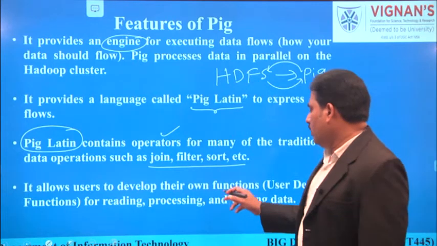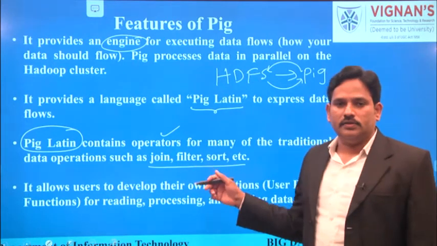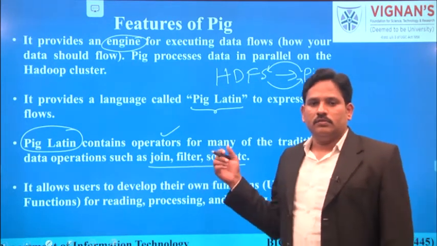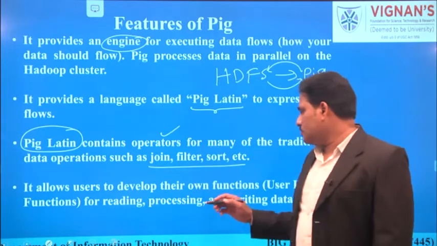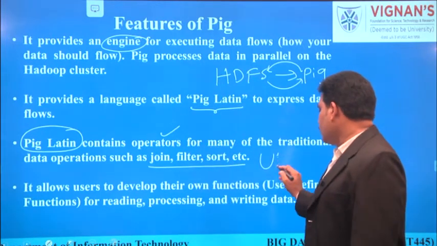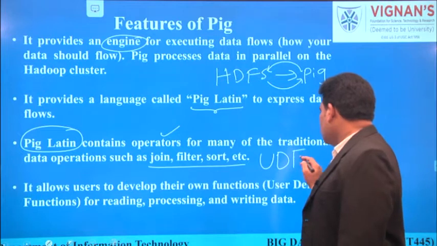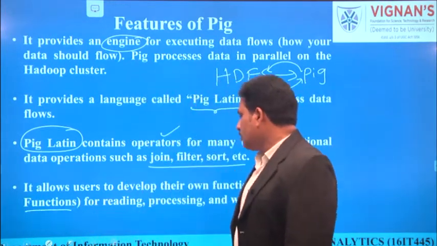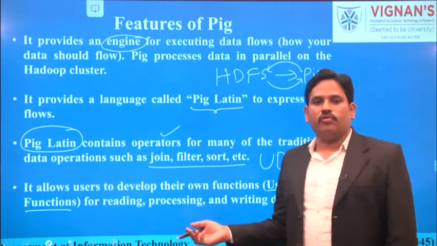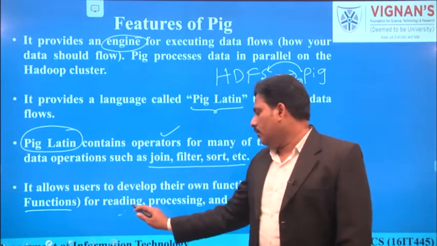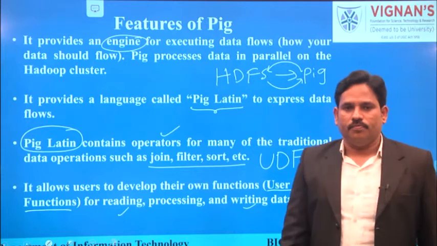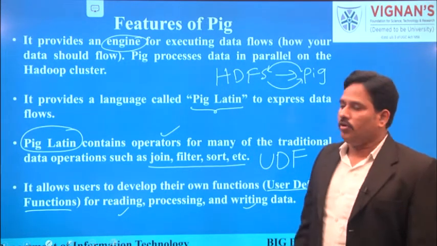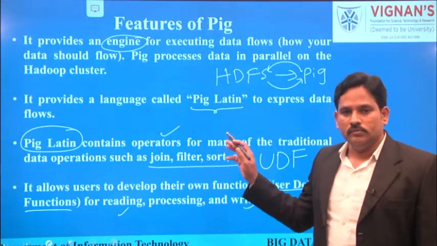And Pig allows us to write user defined functions. That means we can write some user defined functions in the Pig environment. These functions are used to perform basic read and write operations.